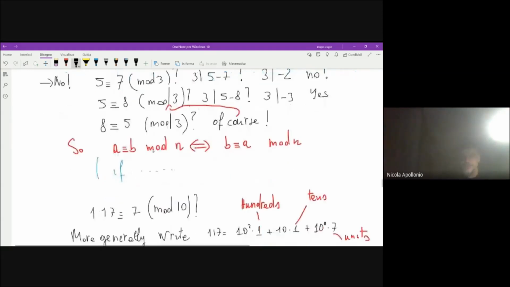It is very easy to check, but let us check it together. What does it mean that a is congruent to b modulo n? It means that n divides a minus b.